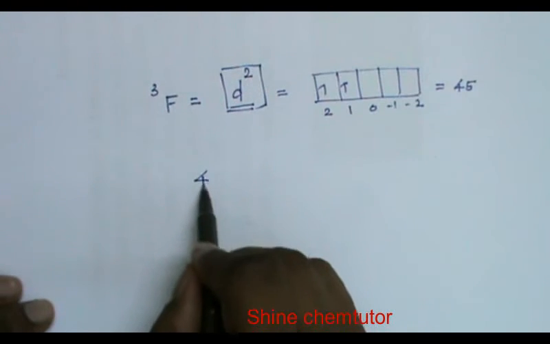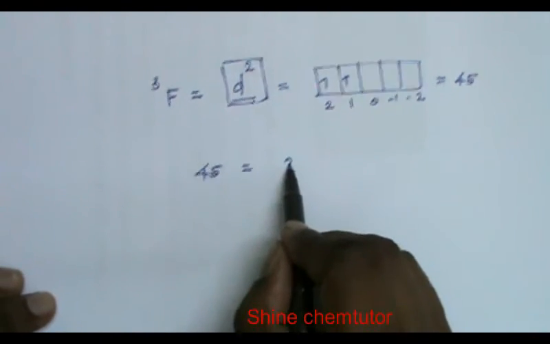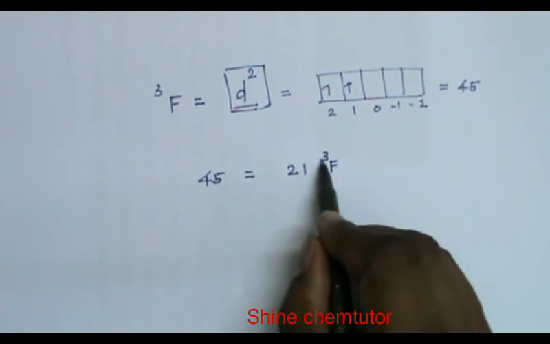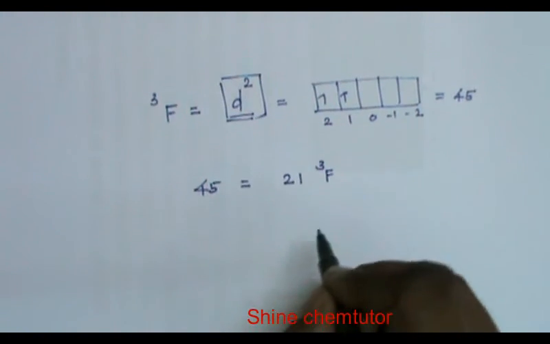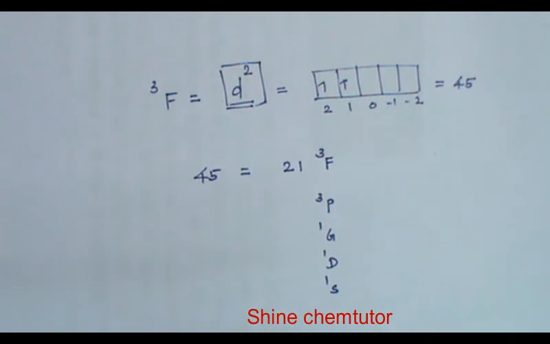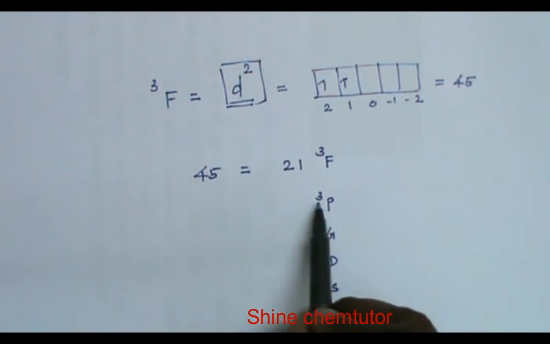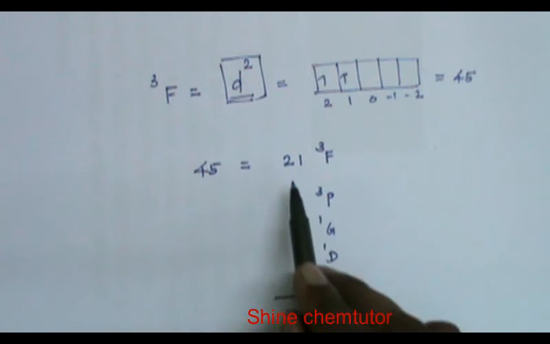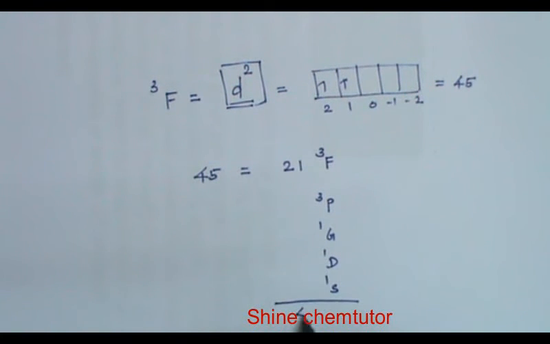In that 45, 21 microstates are triplet F. Similarly, what will be the number of microstates for triplet P, singlet G, singlet D, singlet S? You have to calculate. Go for the same method whatever I have followed. Finally, if you add all these things, it should be 45.